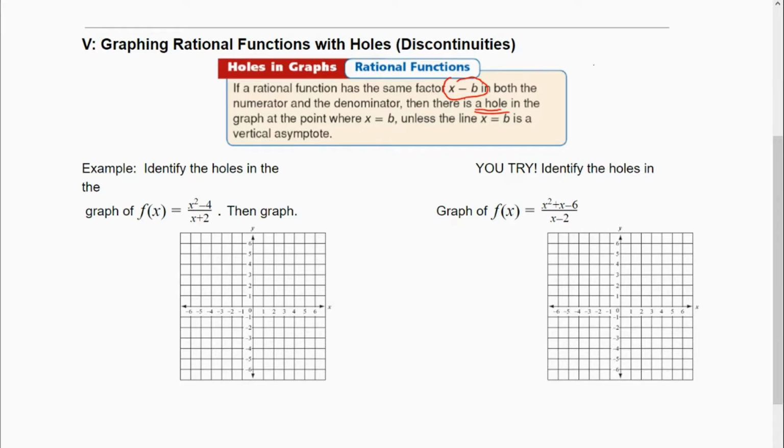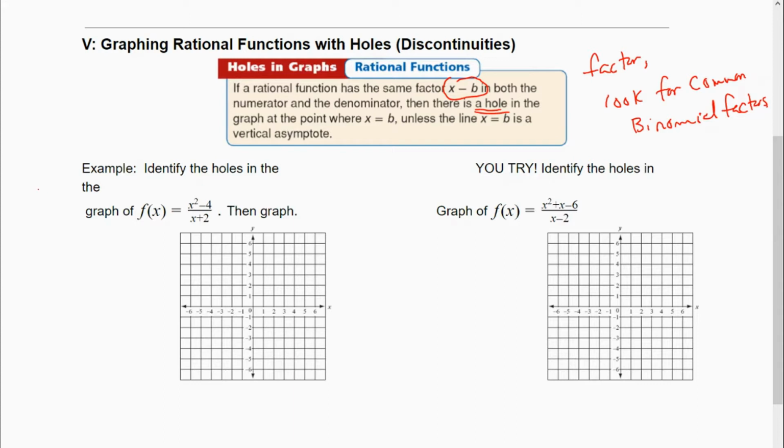So we are going to now factor and we will look for common binomial factors.